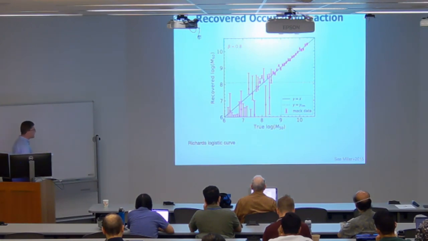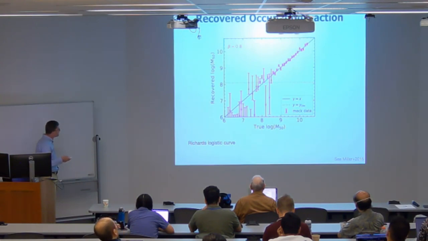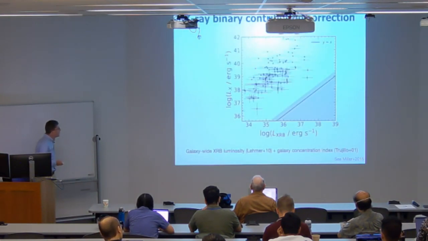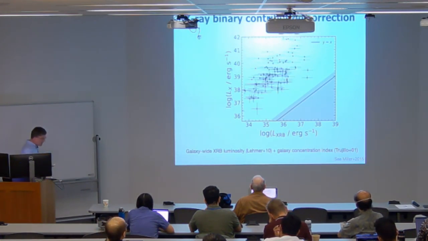Below our selection limit, we can really only put a rough constraint, or an upper limit really, on the occupation fraction there.